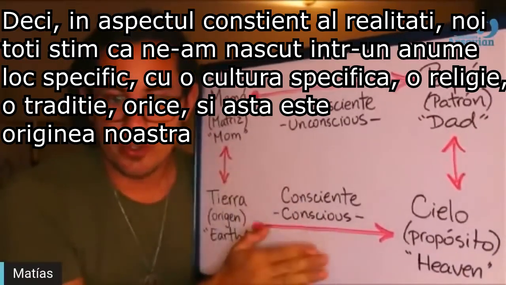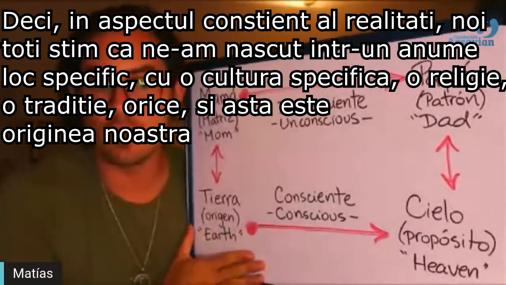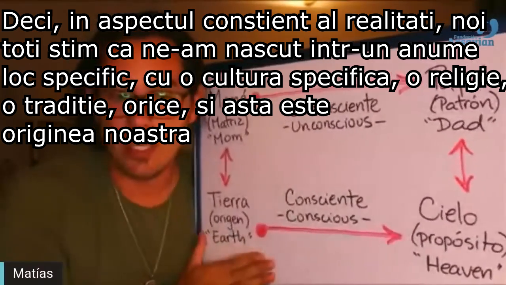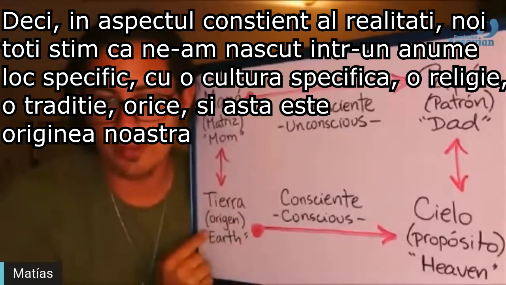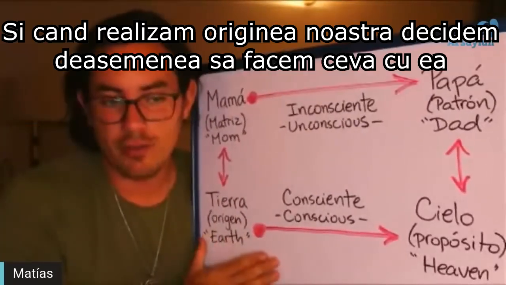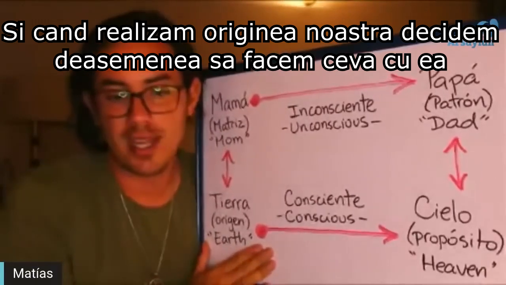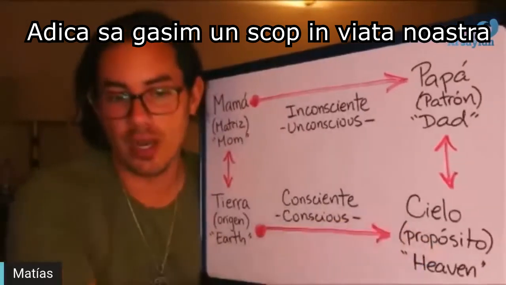So in the conscious aspect of reality, we all know that we have been born in a specific place with a specific culture, a religion, a tradition, whatever. That is our origin. From when we realize our origin, we also decide to do something with it, to find a purpose in our life.